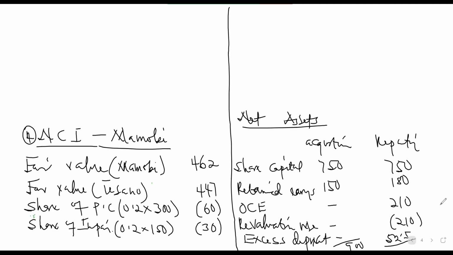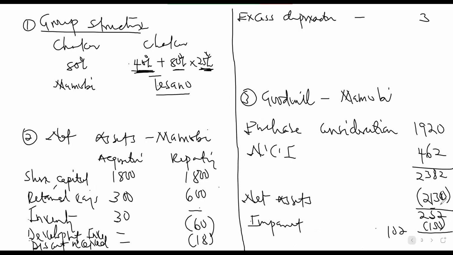I'm having a difference of 82.5. Confirmed. Okay, this is for Tesano, isn't it? Yeah. And this particular amount will be shared as 60-40. Are we okay?